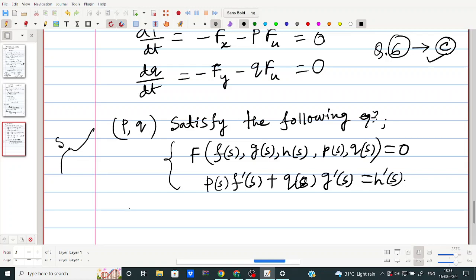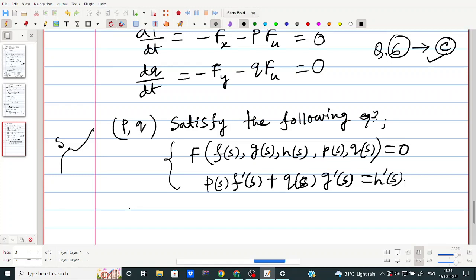No, no. You are integrating with respect to T. So the constant is only a function of S, or a function of X, or it can be any number also, but it cannot be a function of T because you are integrating with respect to T. So the constant cannot be a function of T. Okay.